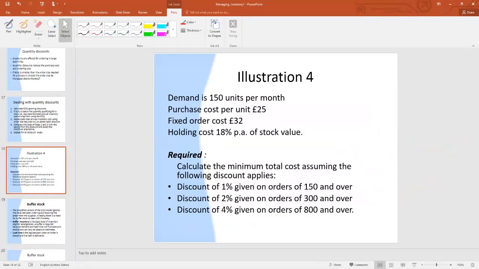It's the same example that you have done before, only that this time around we have discounts of 1%, 2%, and 4%.